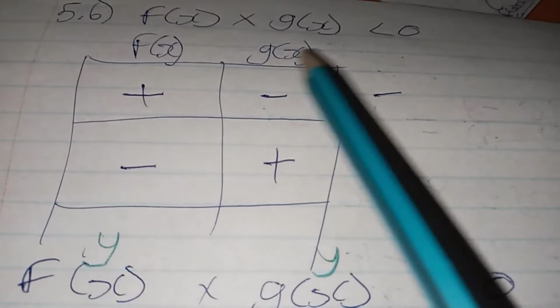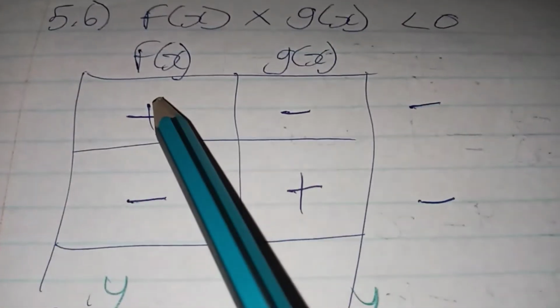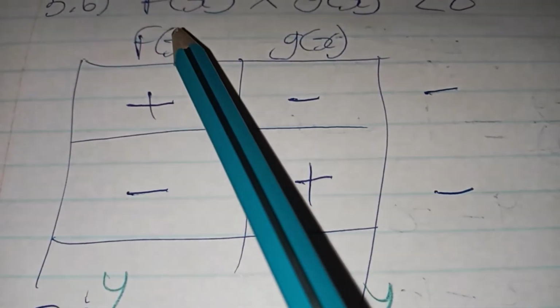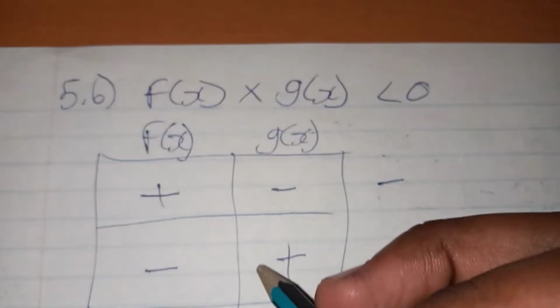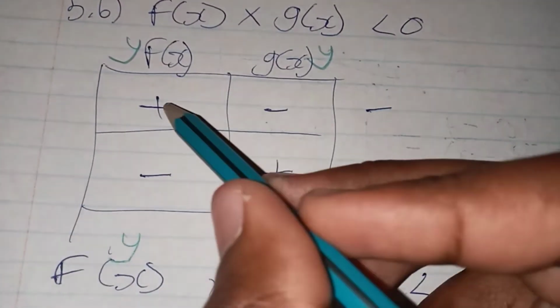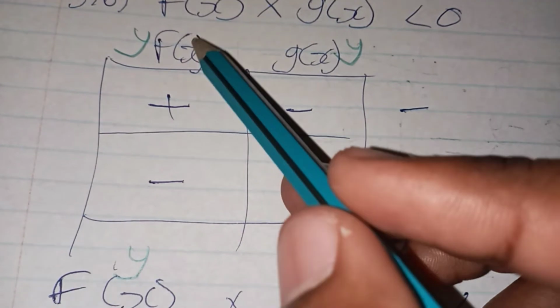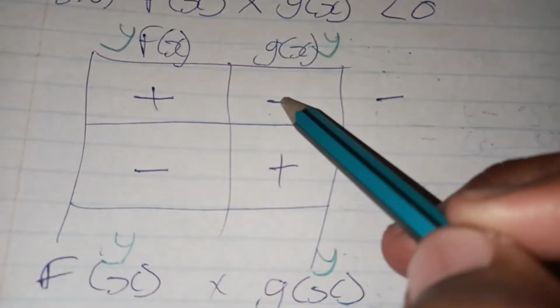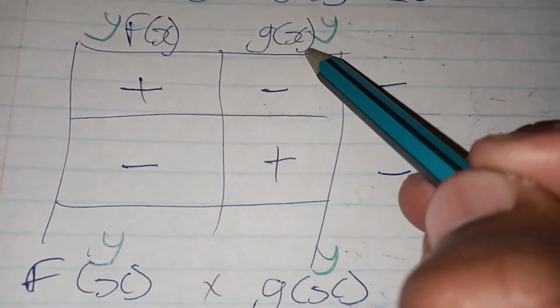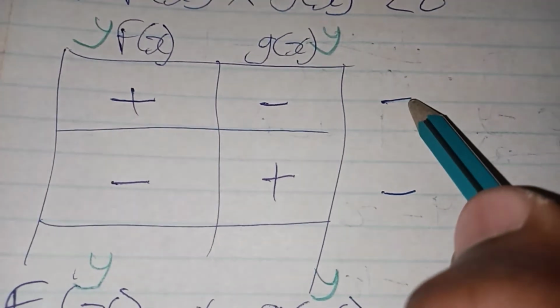And we only have 2 conditions now. So I can have positive y values of f, let me put my y here, I can have positive y values of f multiplied by negative y values of g, so that I get negative values or a negative product.